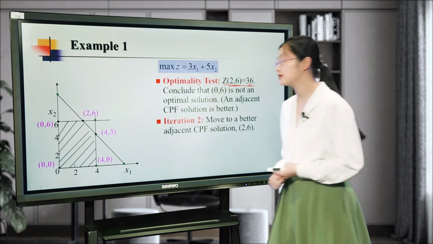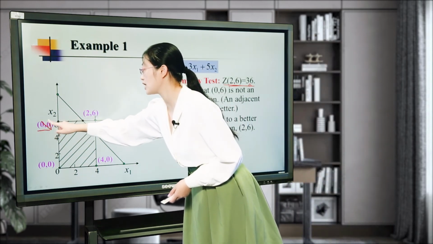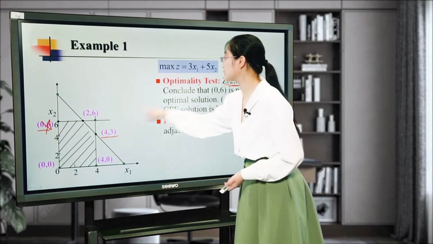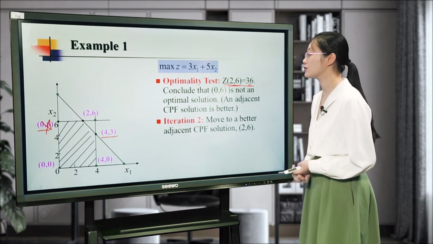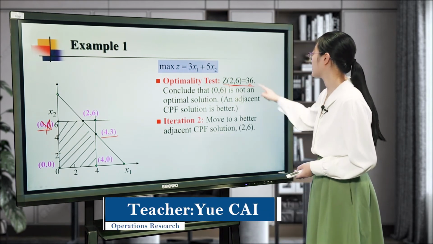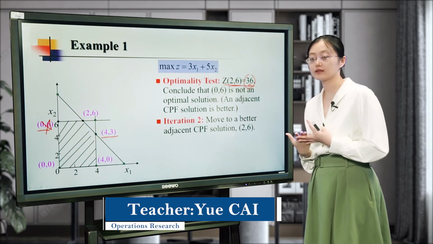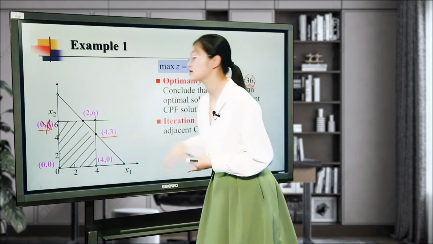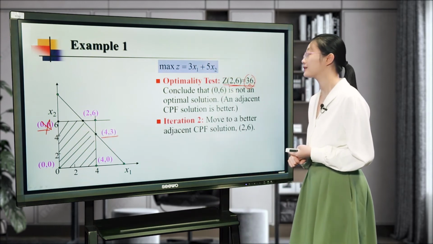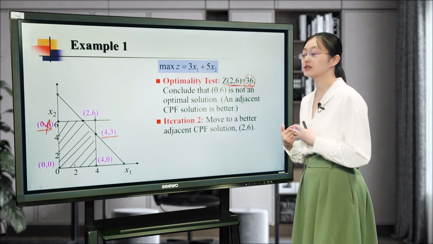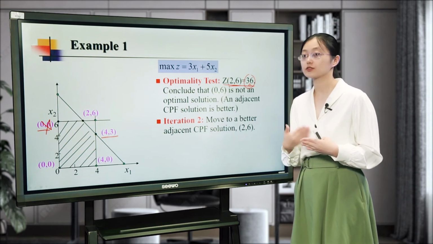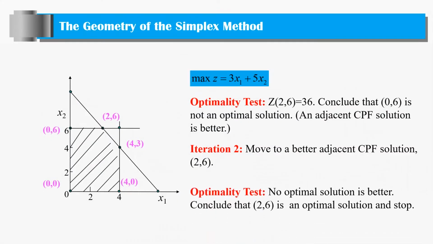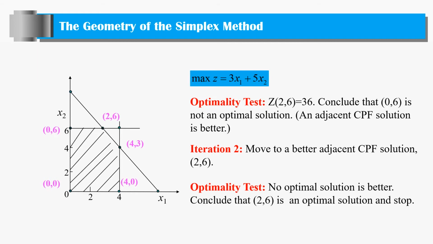(2, 6) has two neighbors. One is (0, 6), which we checked earlier. The other is (4, 3). However, when we substitute (4, 3) into our objective function, we can check this is not better than 36. So at this point, the CPF solution (2, 6) has two adjacent CPF solutions, but neither of them performs better than it. So the simplex method terminates, and it says if no neighbors perform better, then this CPF solution is our optimal solution.